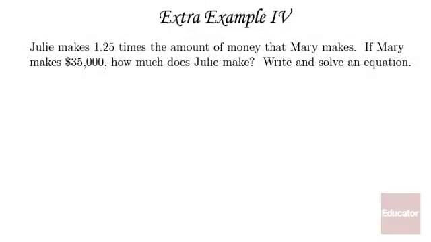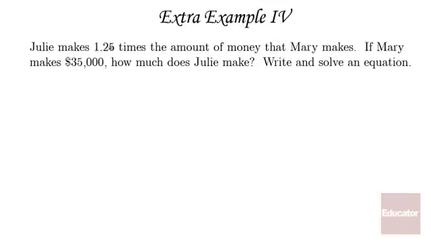All right, here's another example where we need to set up a multiplication equation that we're going to solve by using the division property of equality. So Julie makes 1.25 times the amount of money that Mary makes. If Mary makes $35,000, how much does Julie make? We're going to write and solve an equation. So first off, let's try to understand what the problem is saying.